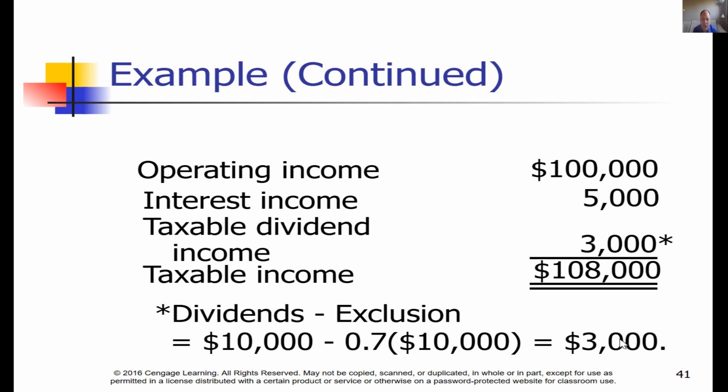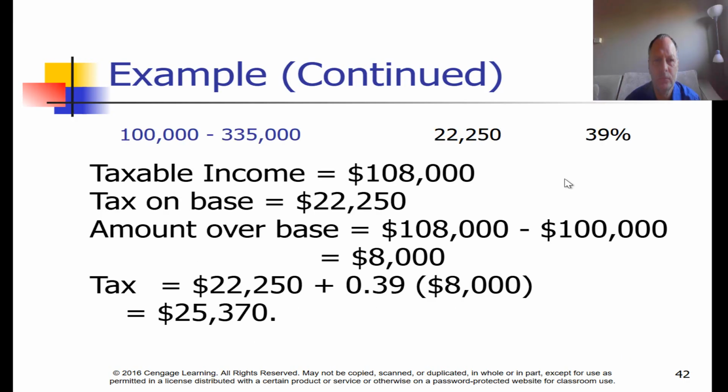So their taxable income is $108,000. So they add in 30% of dividend income, and then the dividend expense is taken out after taxes. So our company has a taxable income of $108,000.